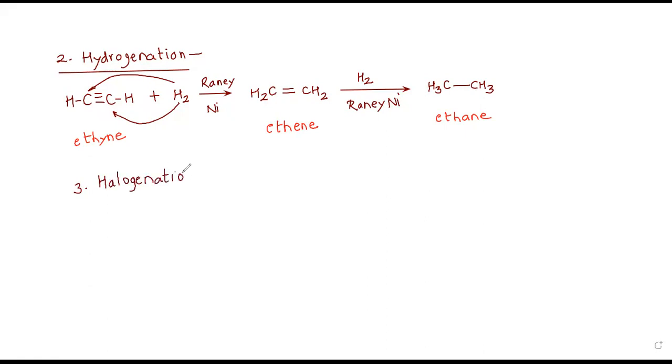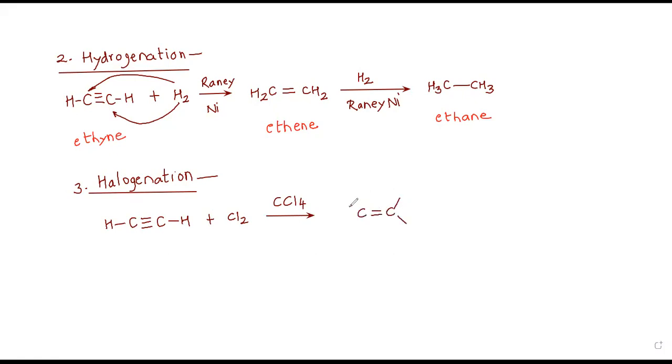Next we have halogenation, addition of halogen, and it happens almost in the same manner. If I take CH triple bond CH, react with suppose chlorine. This happens in presence of carbon tetrachloride.